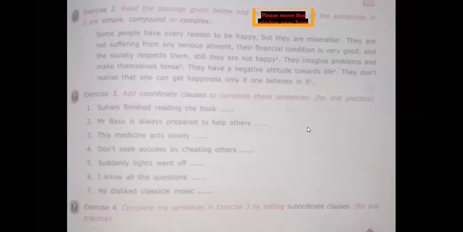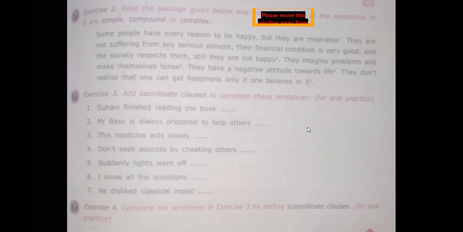So, Sohani finished reading the book when I reached to meet her. Like this, you can make any coordinate sentence. Sohani finished reading the book while her brother was still reading, right? Like this, you can make the coordinate clause to complete the sentence.